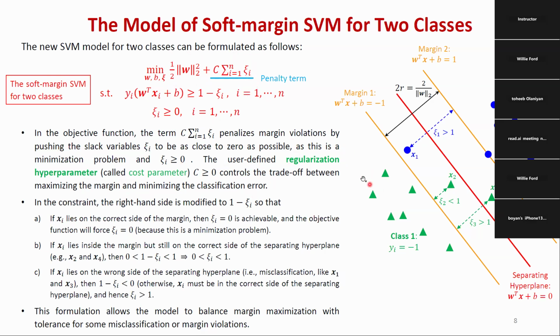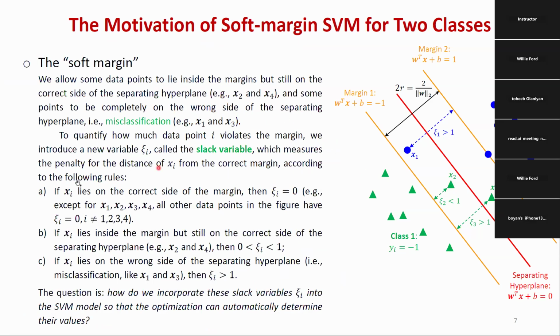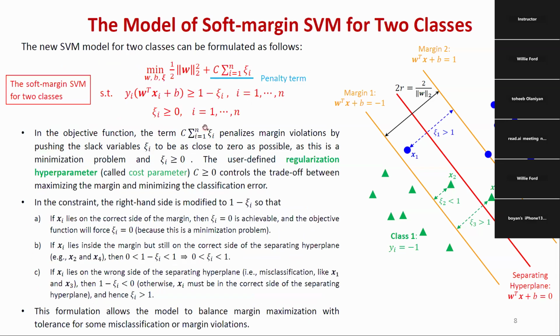So why can we claim that this model perfectly matches these 3 requirements? Let's just consider 3 cases. First of all, if x lies on the correct side of the margin, something like these points, then xi equal to 0 is achievable. Why?